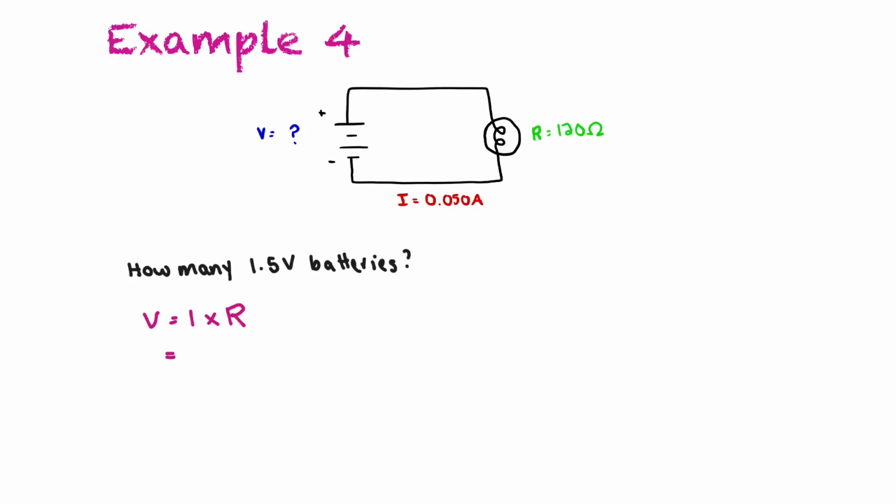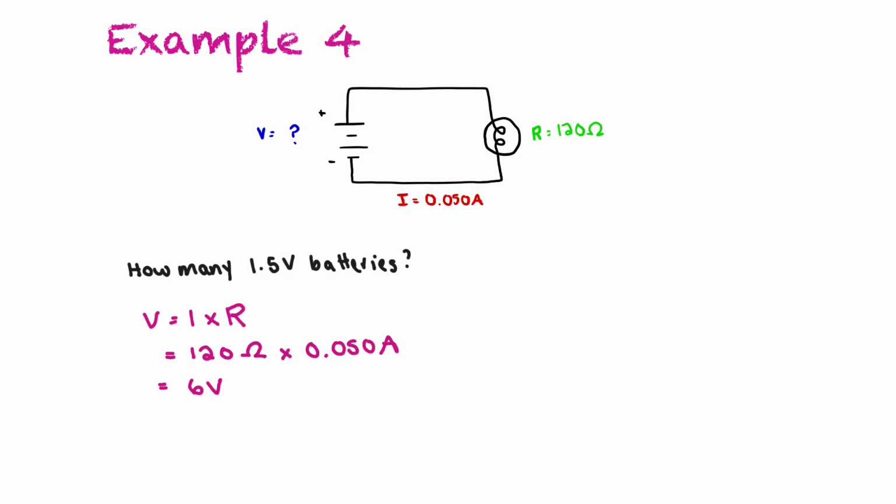So it's equal to 120 ohms times 0.050 amps. And that is equal to 6 volts. So we know that the total circuit is powered by 6 volts. But we need to know how many 1.5 volt batteries there are.